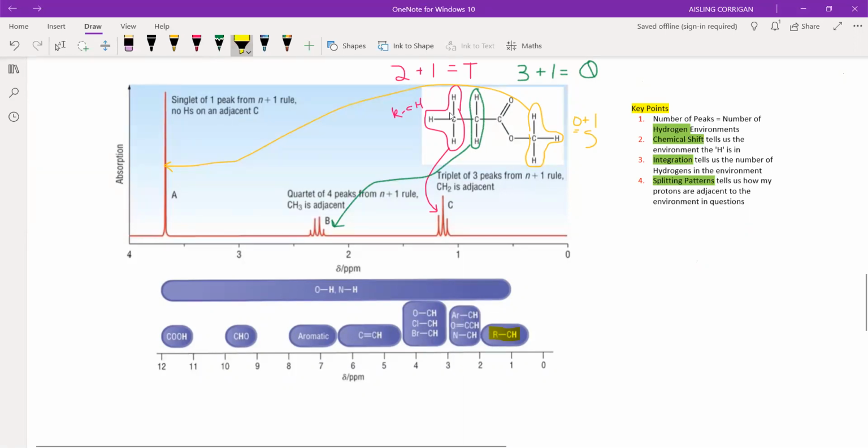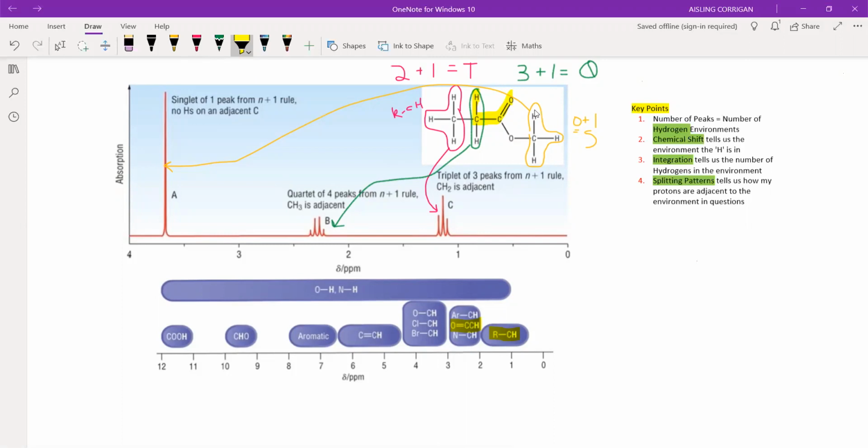Well, it's actually the group that tells me what this signal means. So it's actually the double bond O, CCH. That's what this is here, it matches up perfectly.